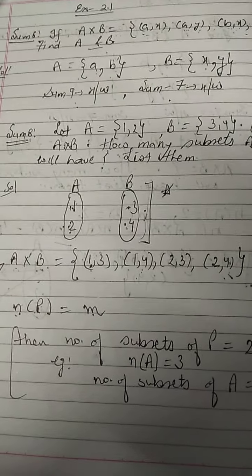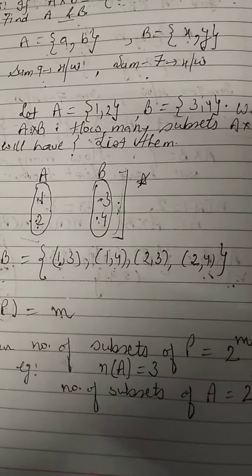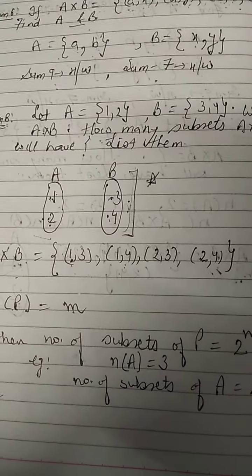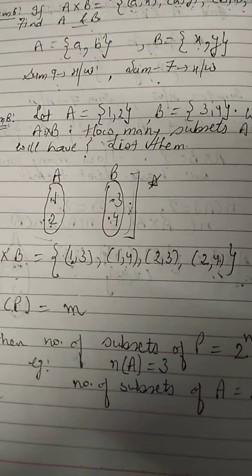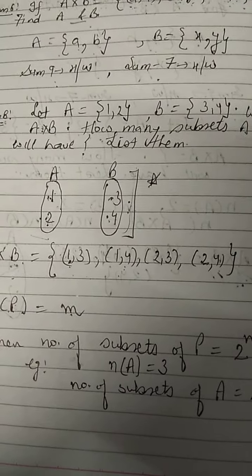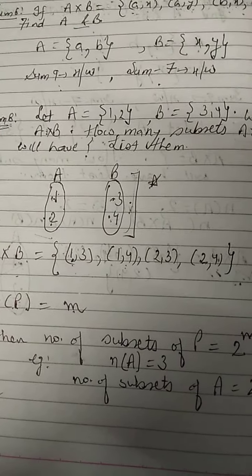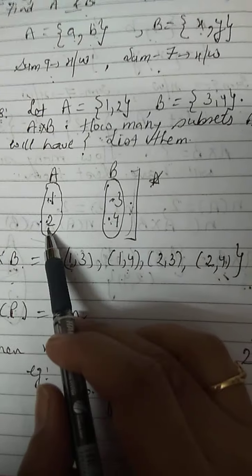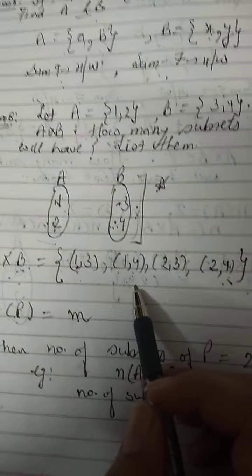And if you remember, in the previous class I discussed, when we multiply any two numbers, the result is a number. When we multiply two natural numbers, the result is a natural number. When we multiply two integers, the result is an integer. In other words, when we multiply two real numbers, the result is a real number. Similarly, when we take the product of two sets, the result will also be a set only.